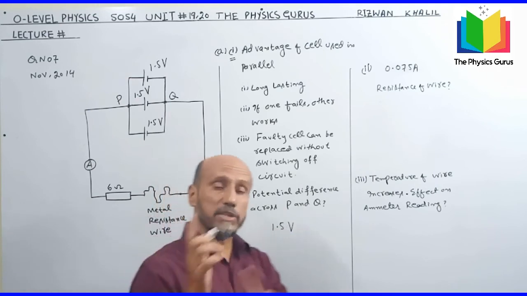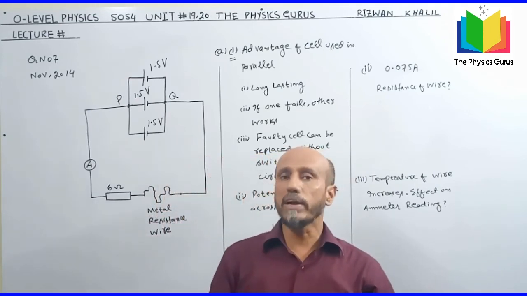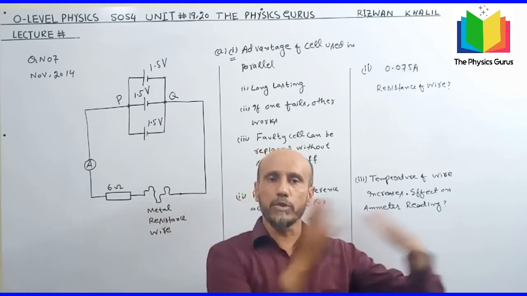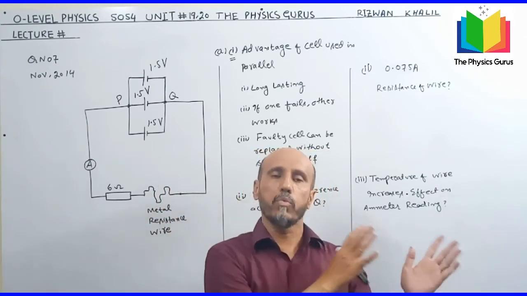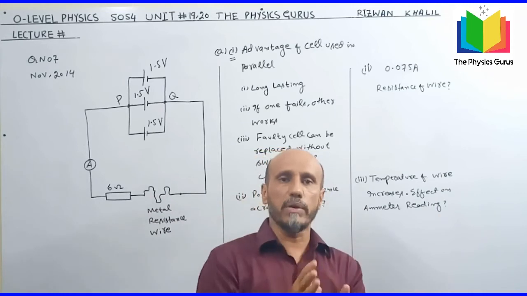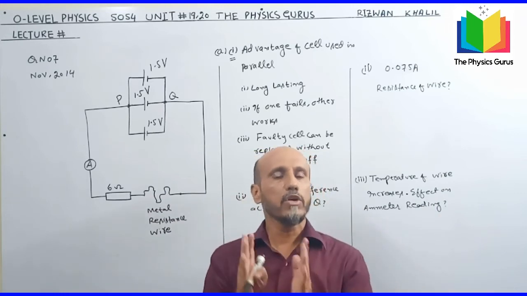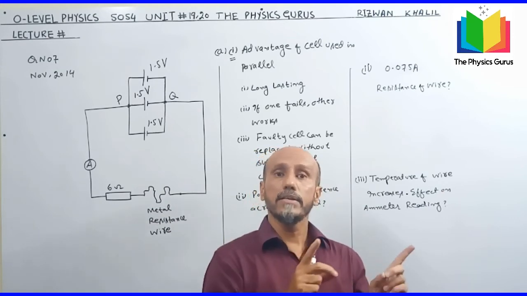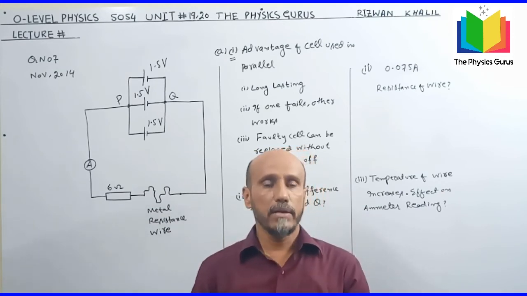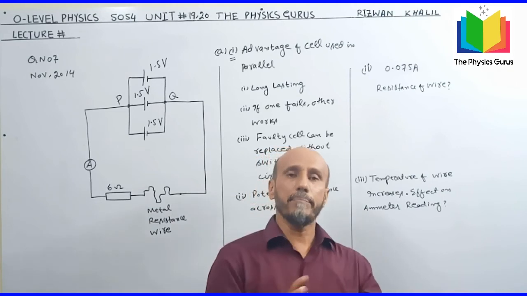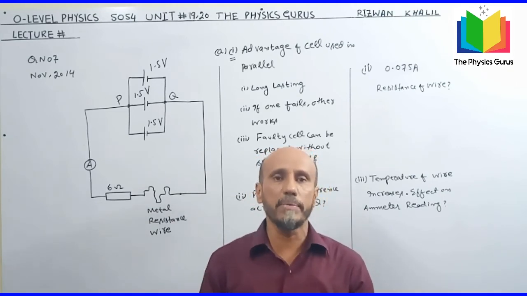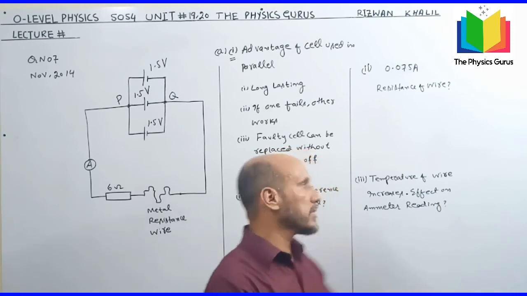If these cells were connected in series, what would be the voltage of the battery? We would add up those cells' voltages, 1.5 plus 1.5 plus 1.5, that is 4.5 volts, in case the cells were connected in series combination to make a battery. But here the cells are connected in parallel combination, so across points P and Q, the voltage is 1.5 volts.